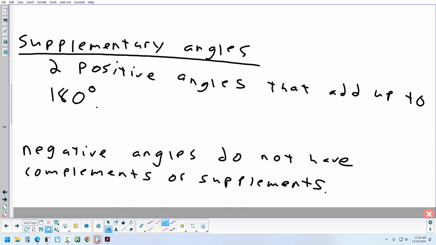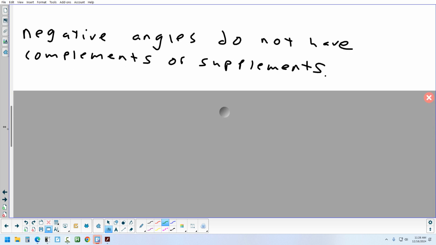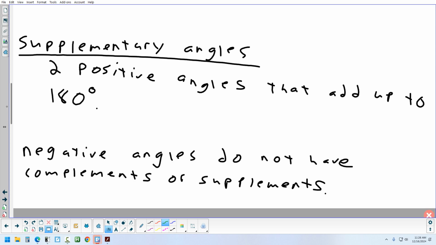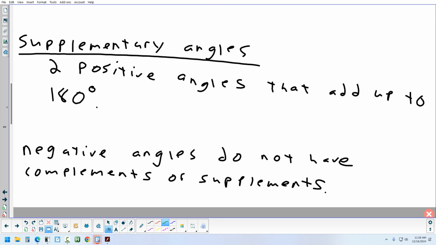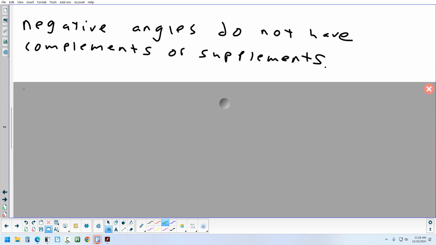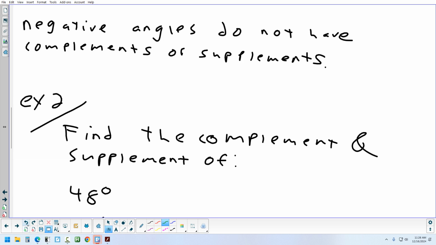Well, let's try finding some complements and supplements. Everybody have that? Just the bottom one? Okay. So let's find the complement and supplement of 48 degrees.